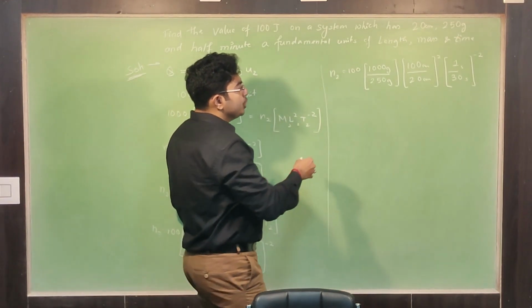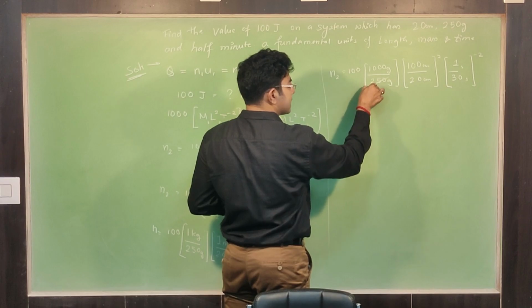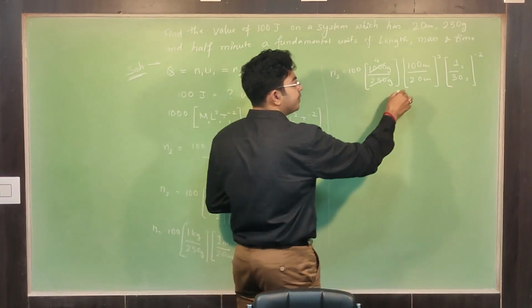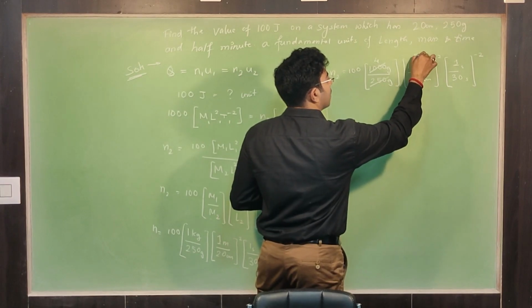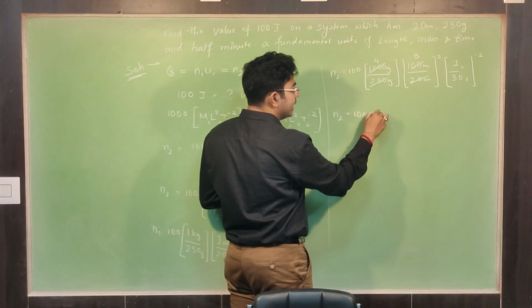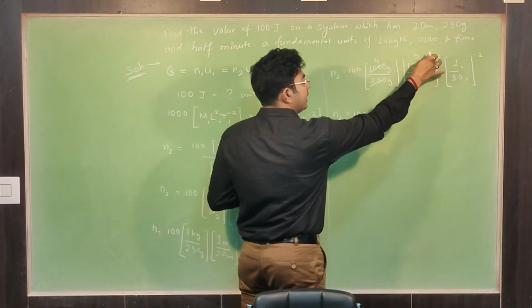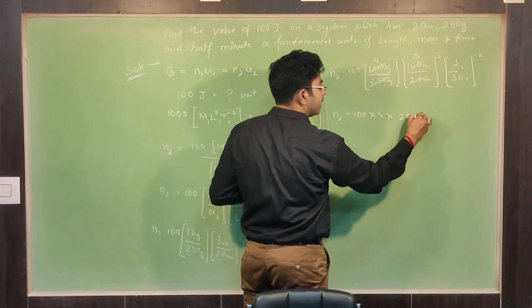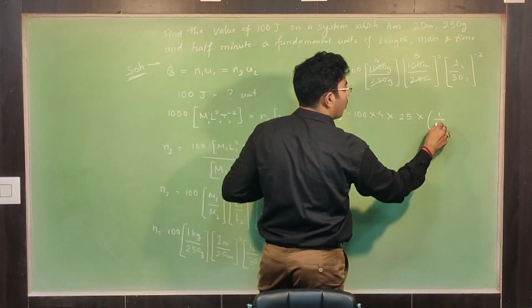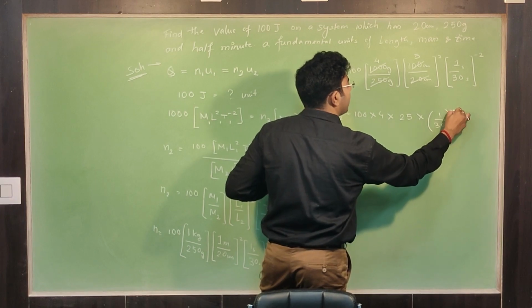Just now gram and this one can be cancelled. This will be how much? 4. This will be how much? 5. So N2 will be equals to 100 into 4 into 5 square, which is 25, into 1 by 30, whole to the power minus 2.